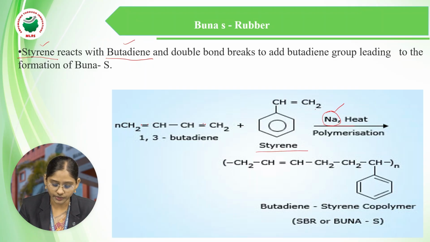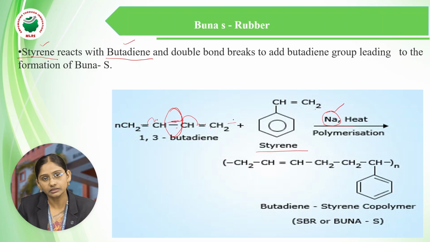This bond shares an electron to this carbon, and this electron is shared to this carbon. By using these two electrons it forms a bond here. That's why the double bond comes in this place, these two become single bonds, and the remaining single electron forms a bond with the adjacent carbon because it is a polymer.